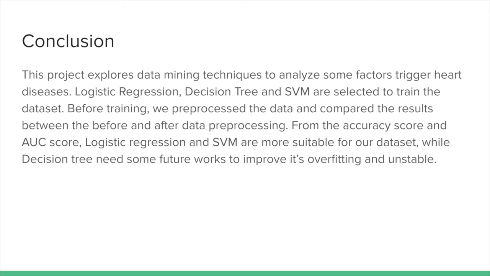Before training, we pre-process the data and compare the results before and after data pre-processing. From the accuracy score and the AUC score, logistic regression and SVM are more suitable for our dataset, while the decision tree needs more future work to improve its overfitting and instability, which random forest will do.